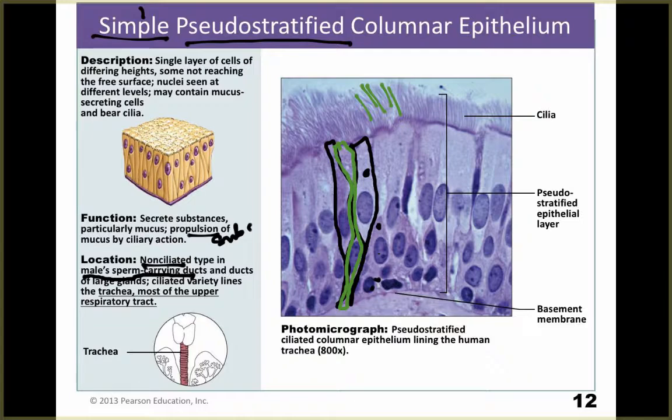But what we want to look at here, because I'm trying to keep it consistent between what you're learning here and what you're learning in the lab, is the trachea and the upper respiratory system, which you can see here is a common area where you will see this. And that makes sense because as you're breathing, you have all these little hairs. And as you know, if you've ever gotten a cold, you have all this mucus that gets caught up. You're always producing it because when you breathe in, you could breathe in bacteria or viral units or other impurities in the air.